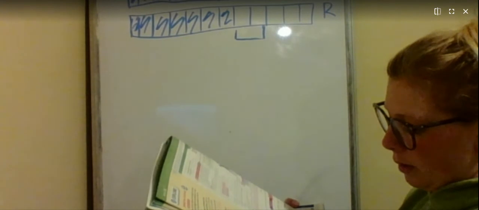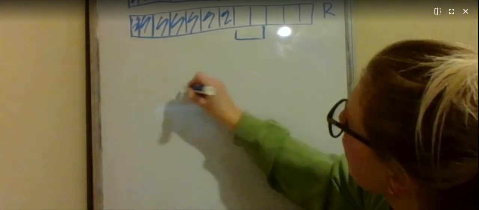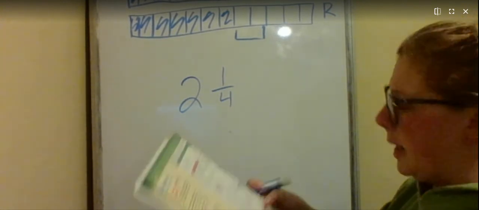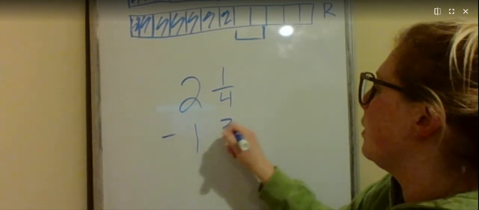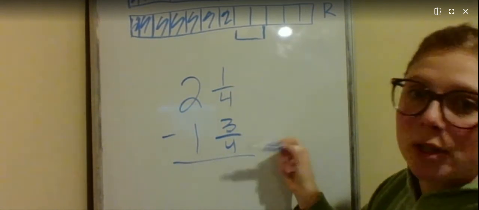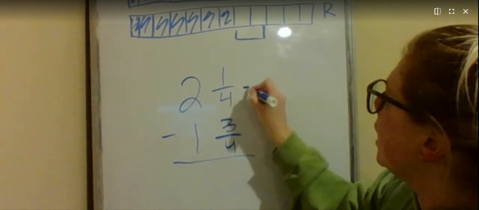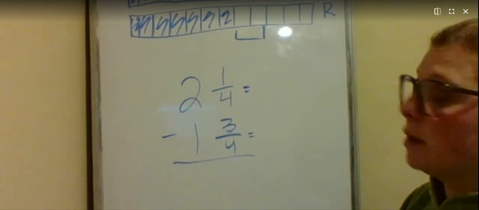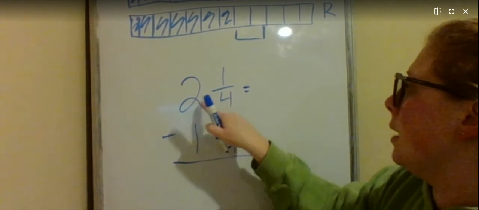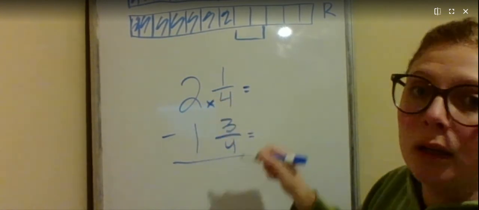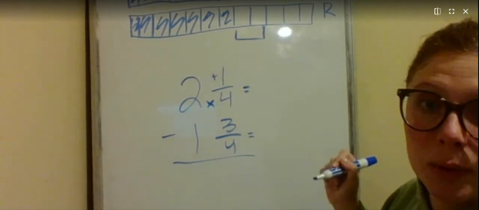So let's try another. If I had 2 1/4 minus 1 3/4. 1/4 minus 3/4 I cannot do. So let's just change both of our mixed numbers to fractions greater than 1. So remember, we do 4 times 2, which is 8, and then add 1, which is 9.